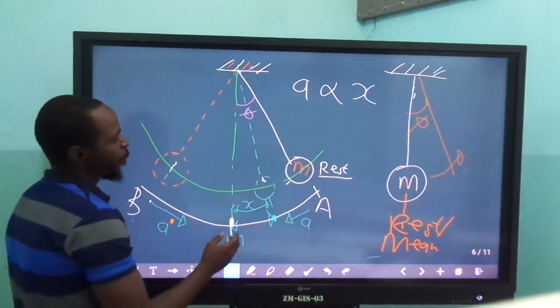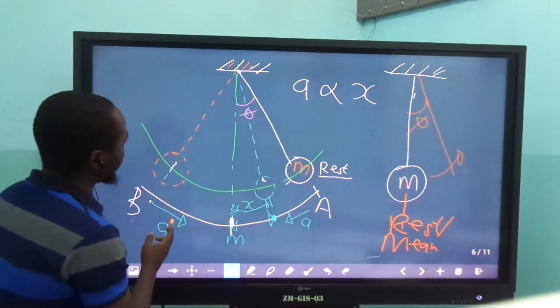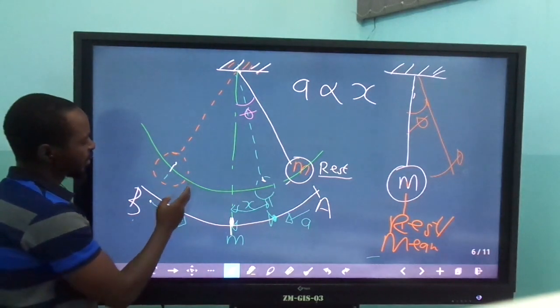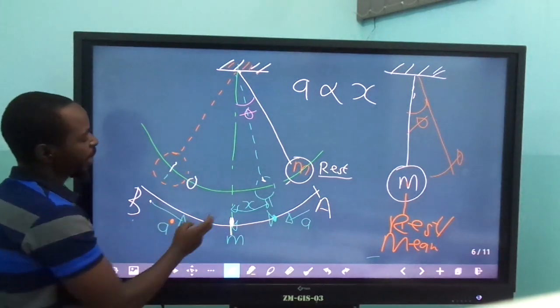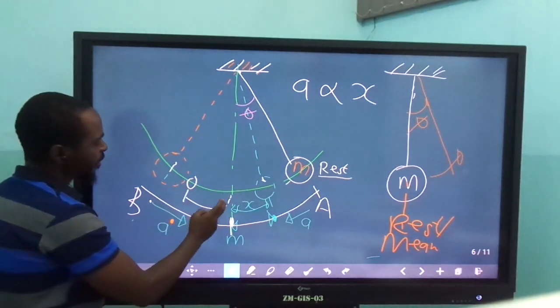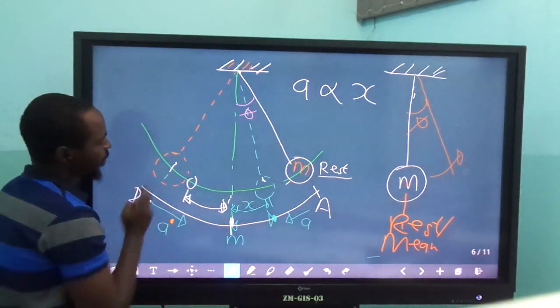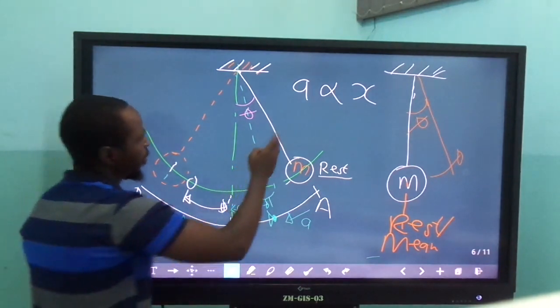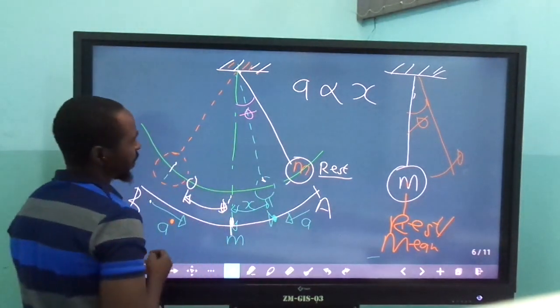So if we want to find the acceleration when the mass is at this point, implying the displacement is that from the mean to that point. So that is the displacement.